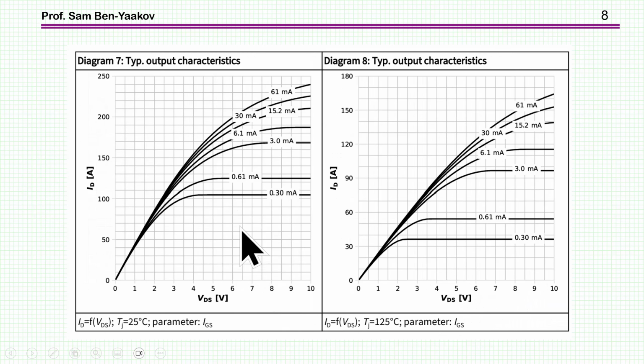And then we have here the output characteristic, very similar to silicon MOSFET, except that here the parameter is the gate current rather than the gate voltage, which is given for the silicon MOSFET. Well, I don't know if this is really the correct parameter.